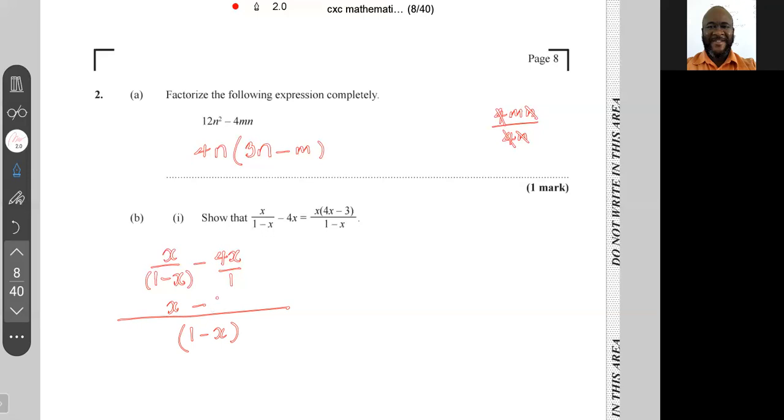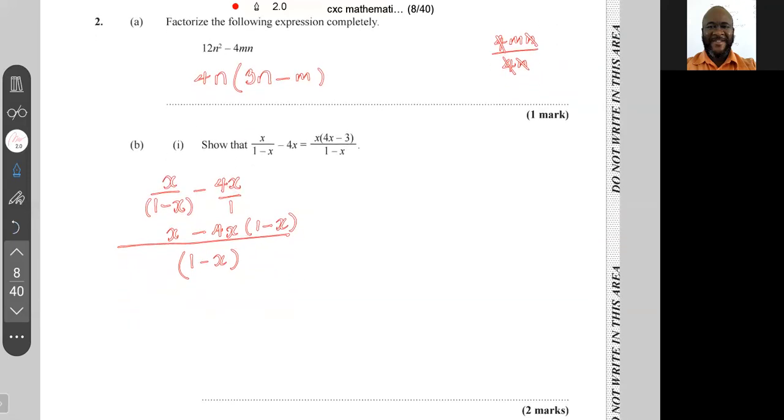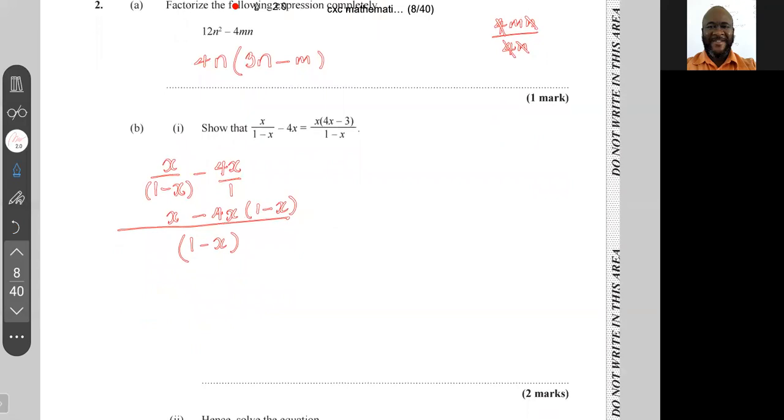So it's the numerator 4x multiplied by 1 minus x. Remember, when we're finished, the left-hand side must become the right-hand side. So now I have x minus 4x times 1 is 4x. A negative times a negative is a positive.